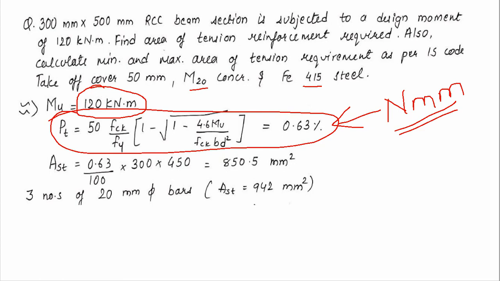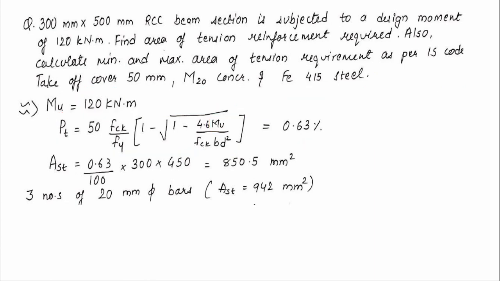So the value of Mu here will be 120 into 10 raised to 6 Newton into mm. Clear? These are some minute things that are being neglected, and it results in loss of marks in your GTO examination. So we will be getting PT as 0.63%.